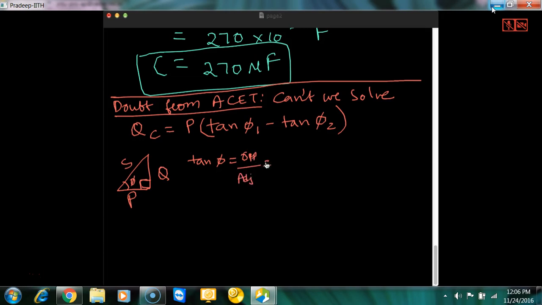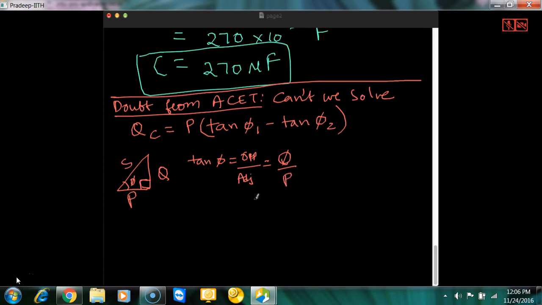Let me just quickly verify that. So what is the opposite side to this? That is Q. And what is the adjacent side to this?